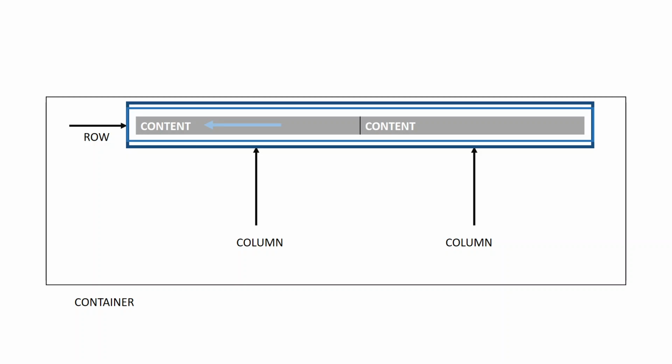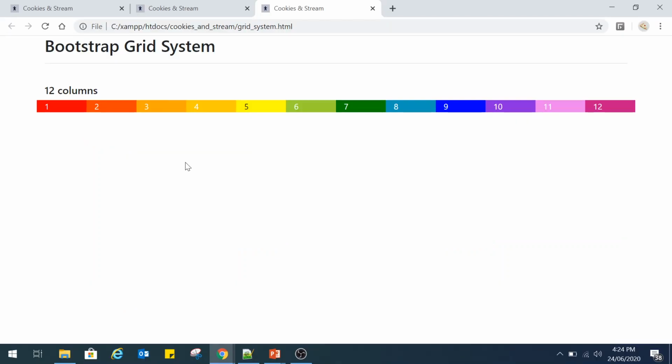So just to make this easier, think of the grid system like a table which consists of rows and columns. Now, with this Bootstrap grid system, each row can only consist of 12 columns, as you can see here. You could specify the columns with any number you see fit as long as the total amounts to 12.